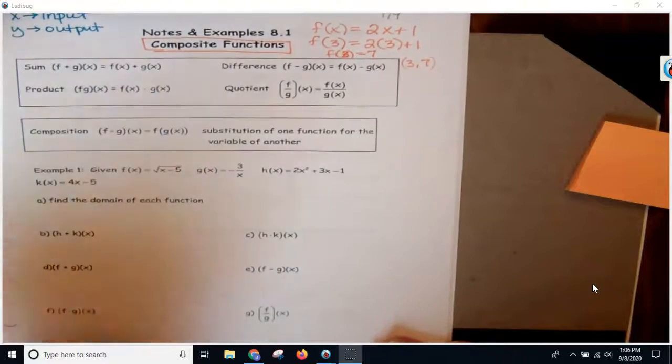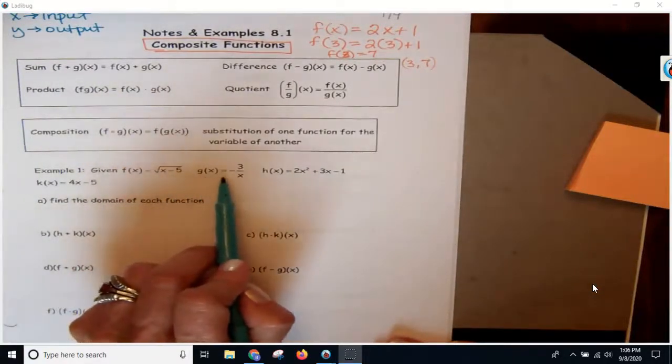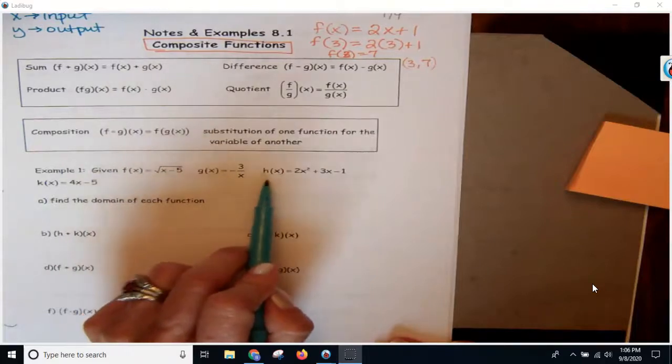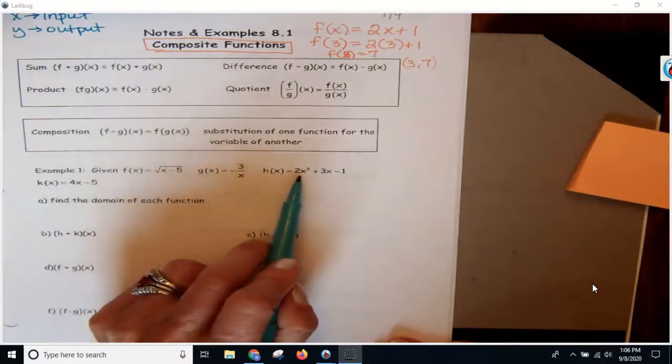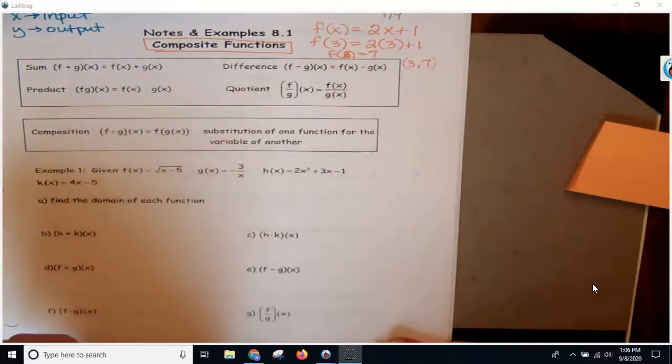Moving on, given f of x equals the square root of x minus 5, g of x equals minus 3 over x, h of x is 2x squared plus 3x minus 1, and k of x equals 4x minus 5.